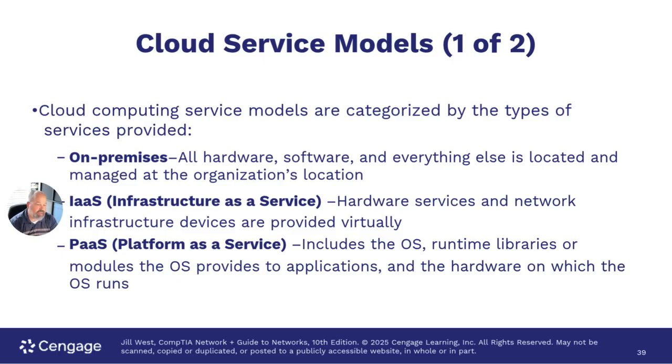That's like renting an unfurnished apartment. You get the basic structure, but you bring your own stuff in. And then you have the platform as a service, which is PaaS. That includes everything. That includes furniture, utilities. You just need to bring your applications and your data. That's like renting a furnished apartment where all you do is bring your clothes. Everything else is there.